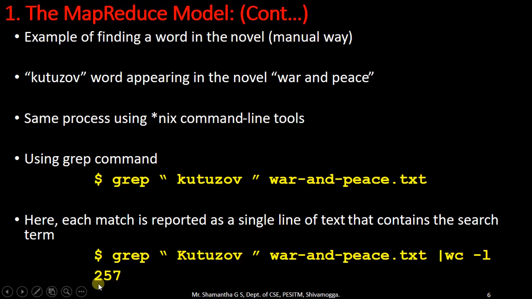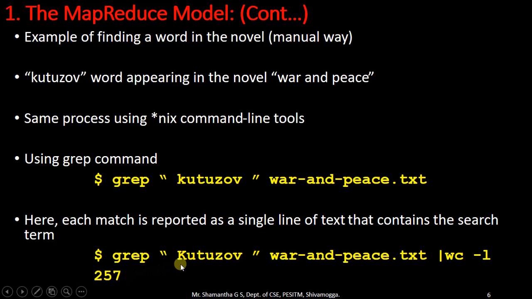So the total output is 257 instances of the word Kutuzov found in the war and peace.txt file. We have to note that the word Kutuzov has a leading and trailing space. So we are finding Kutuzov with a prefix space and a suffix space. That exact match count is 257.